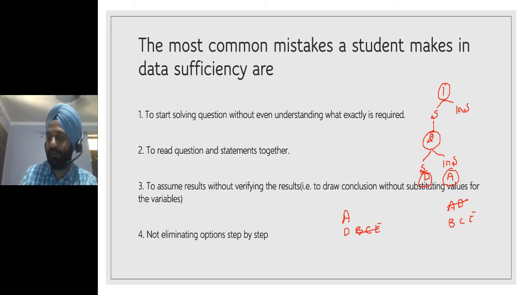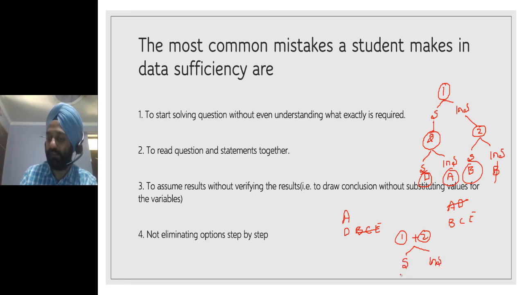And if I go to the other side, when 1 is insufficient, you go to statement 2, and again there could be two scenarios: 2 is sufficient or it's insufficient. If 2 is sufficient, your answer is B, else you eliminate B. When you eliminate B, at that time you combine the information of statements 1 and 2. Together they could be sufficient or insufficient.